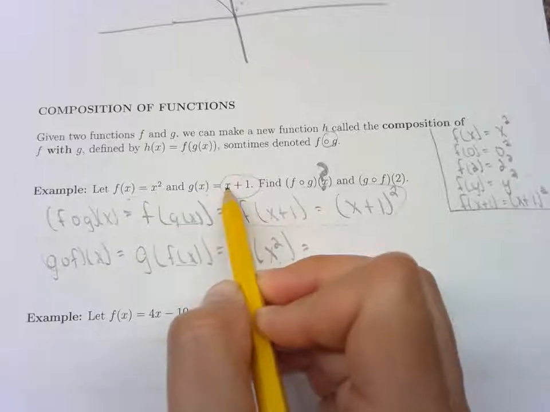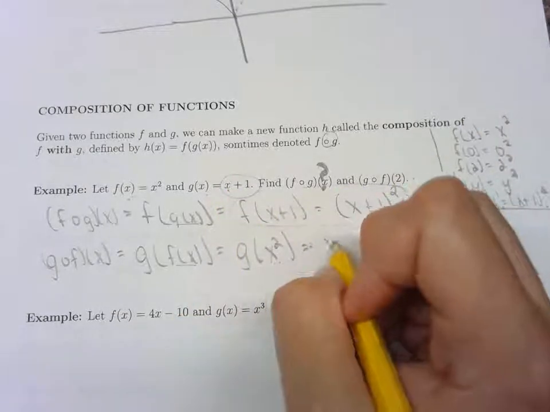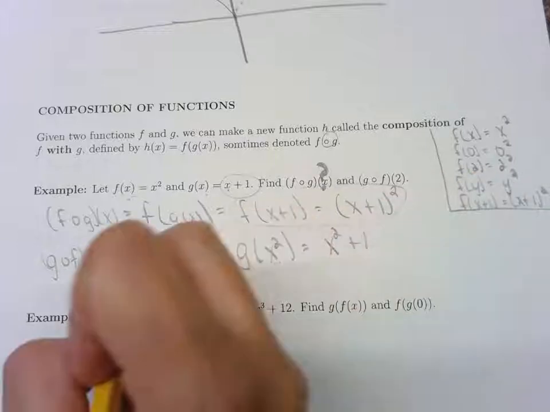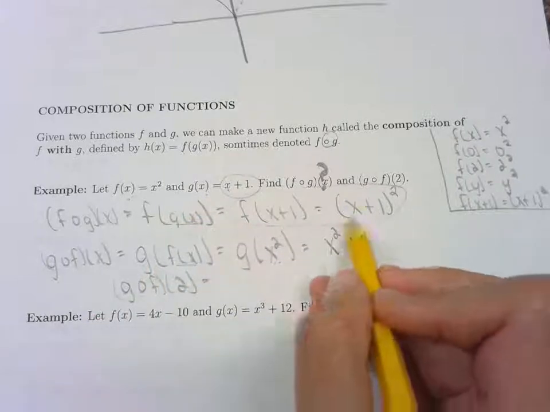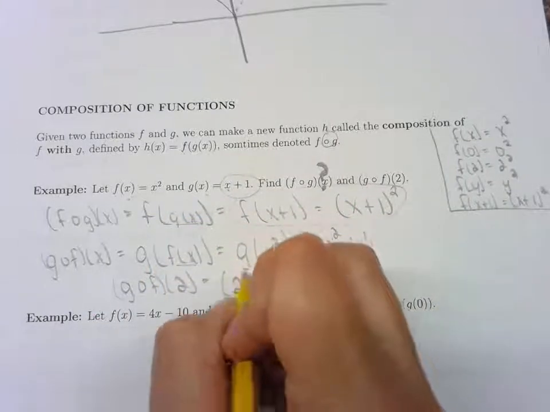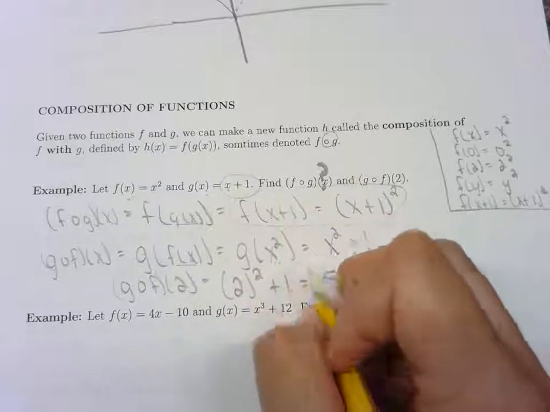If we were inputting a 2, it would be 2 plus 1. If we were inputting a y, it would be y plus 1. We're inputting an x squared, so it's going to be x squared plus 1. Then g composed with f of 2 would be this function, except now we're using 2 instead of x. So what is that? 4 plus 1 is 5.